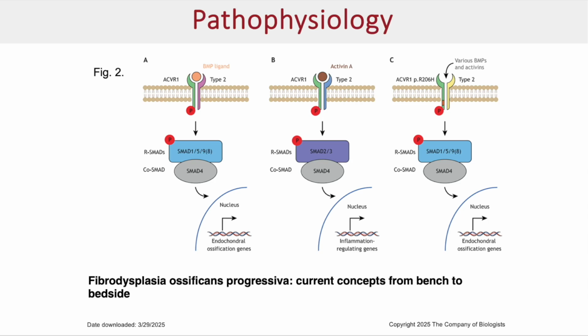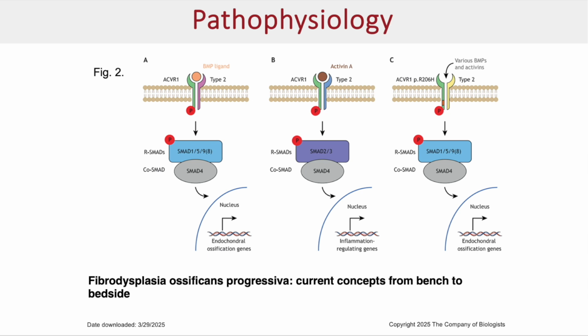But when the ACVR1 receptor is mutated, or was incorrectly formed as a result of a mutation, you can see in panel C that the BMPs and the activins can both bind to this, and both cause expression of endochondral ossification genes. And so you get this excessive stimulation of genes, of bone expression and skeleton building, which results in the clinical picture of FOP.